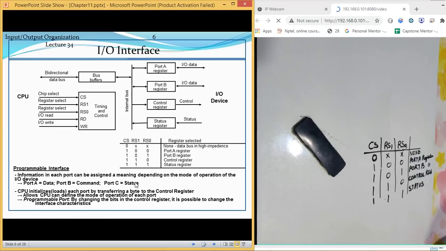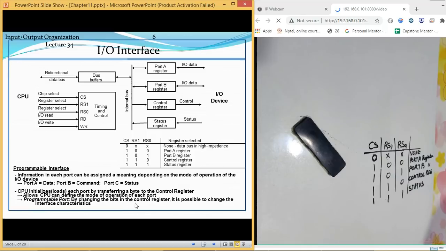It is up to you how you want to configure them. The CPU initializes or loads each port by transferring a byte to the control register. So it will send the first command to the control register, and the whole interface will be programmed in the same way. This allows the CPU to define the mode of operation of each port.